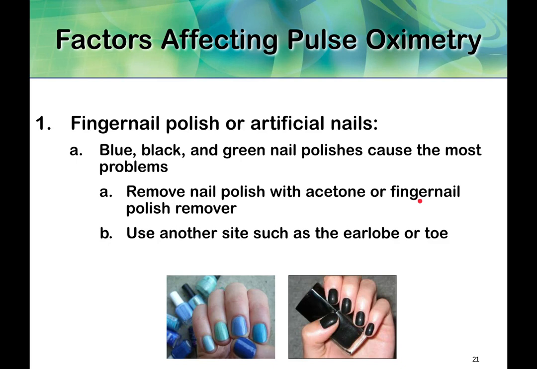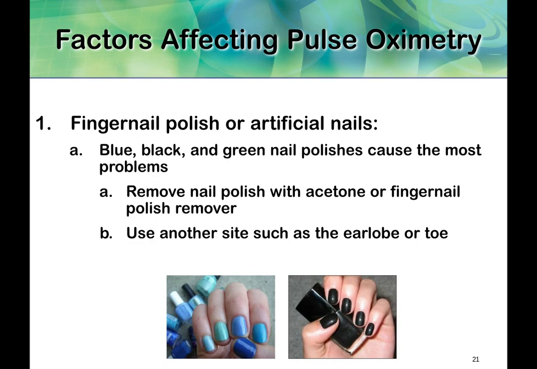Factors affecting pulse oximetry: fingernail polish or artificial nails. Yes, especially these dark colors like blue, black, and green, because the pulse oximeter just can't reach through it to measure the amount of oxygen in the blood. So you might have to remove the nail polish with an acetone nail polish remover.